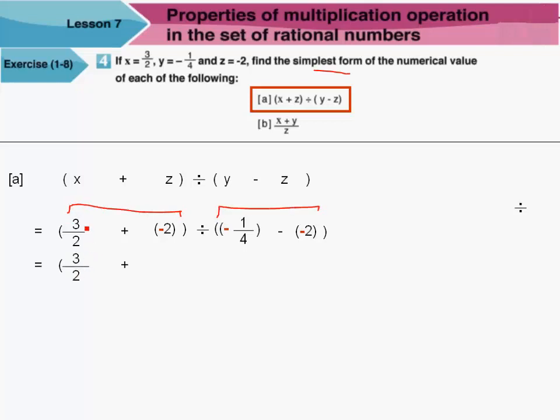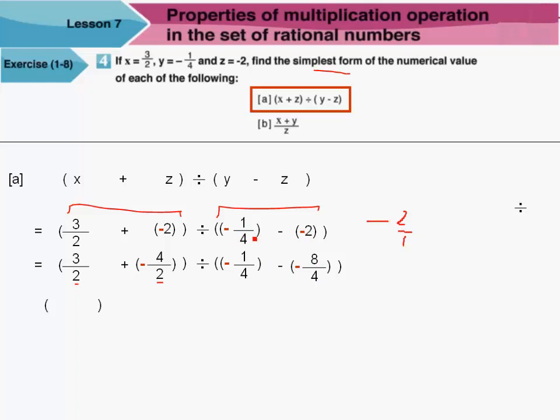Okay, here we have 3 over 2. Minus 2 can be written as minus 4 over 2 in order to get the same denominator, divided by also minus 1 quarter minus 2. Here, minus 2 is minus 2 over 1.